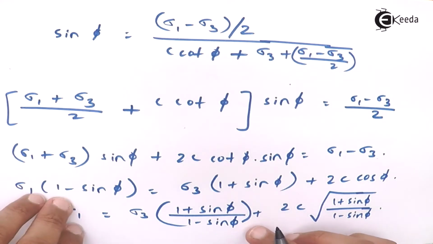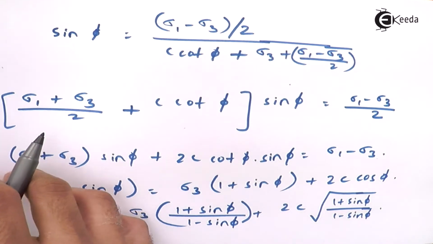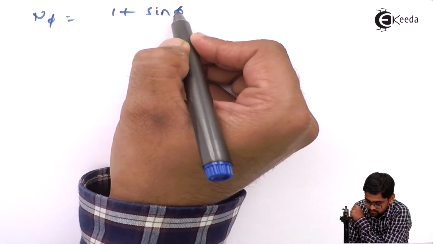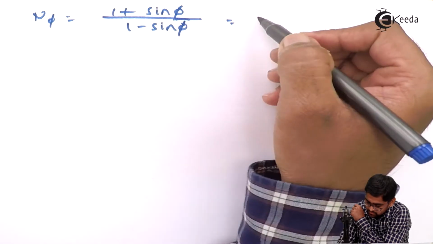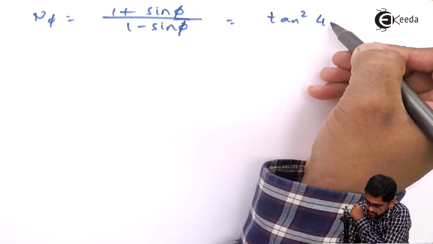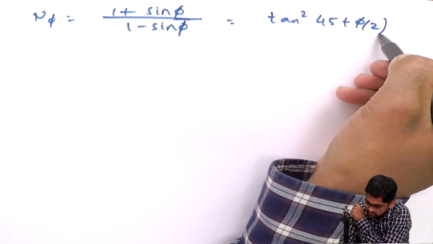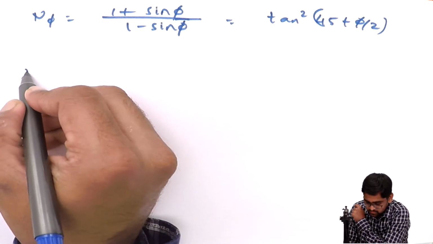This is generally called the N phi value, 1 plus sin phi upon 1 minus sin phi. This is also equal to tan square 45 plus phi by 2. We'll check it later on.